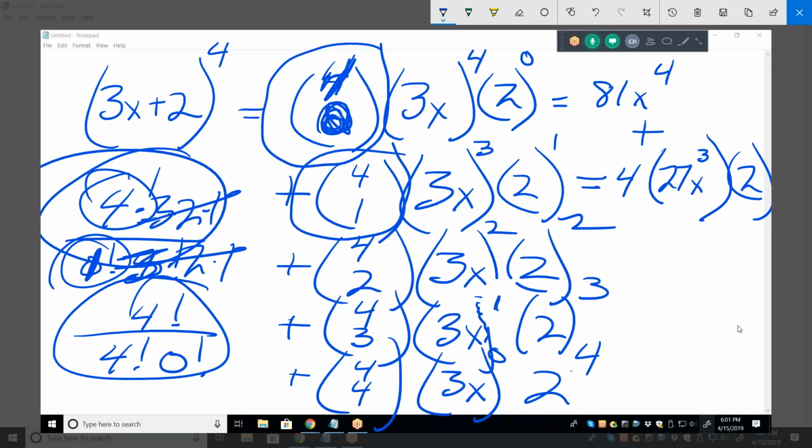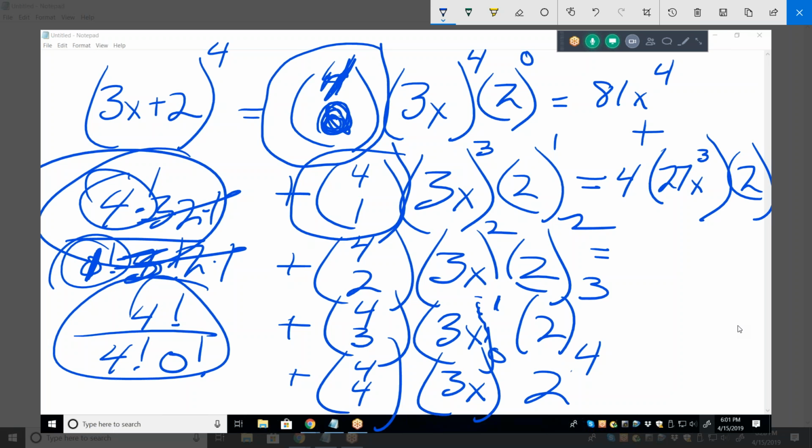So that coefficient is going to be 8 times 27 x cubed. That's going to be the second term. You with me? What's 4 choose 2 for the third term?